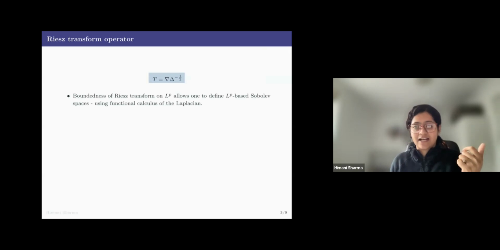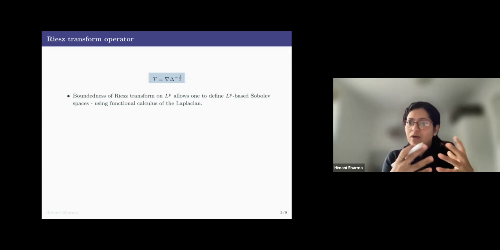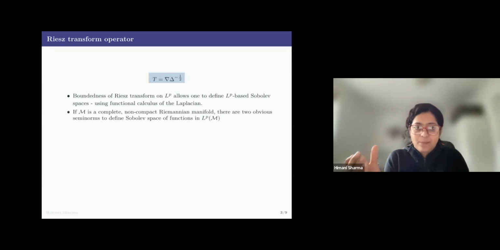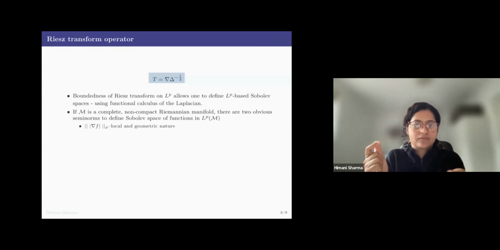So this means that when we need to define L^p-based Sobolev spaces, we are going to make use of the Riesz transform operator. How this is useful is that if we take M to be a complete non-compact Riemannian manifold, then there are two obvious seminorms to define the Sobolev spaces for functions which are in L^p of M. The first is the norm of nabla f, the gradient here.